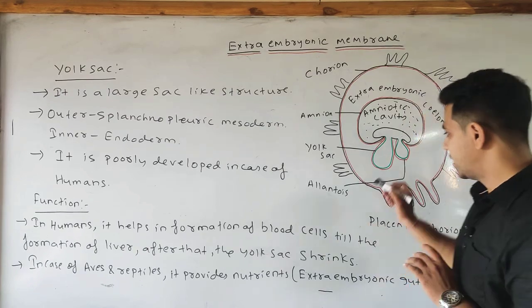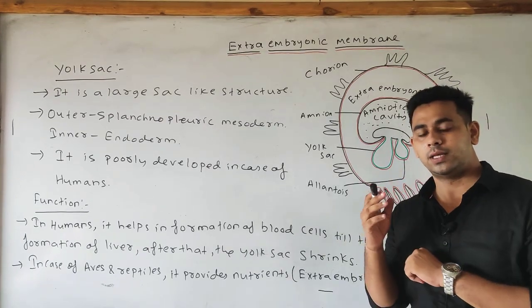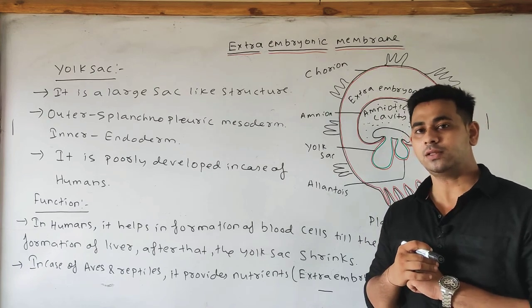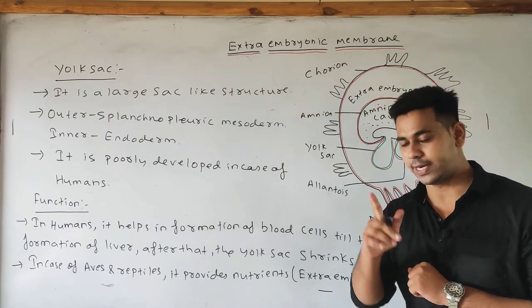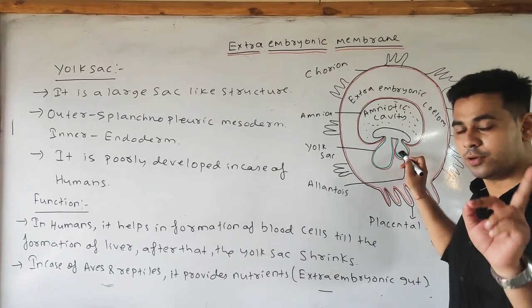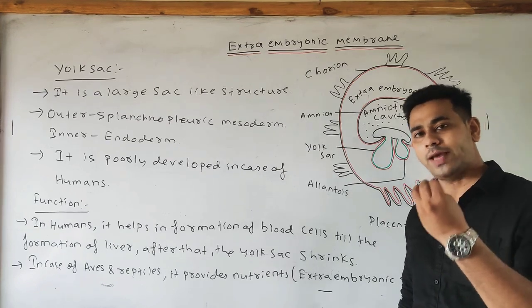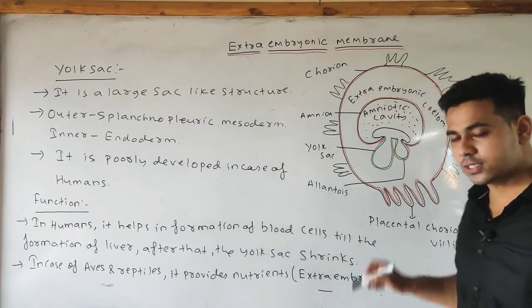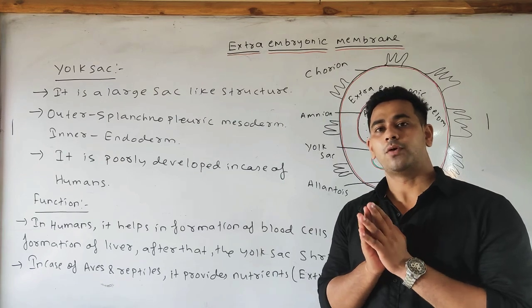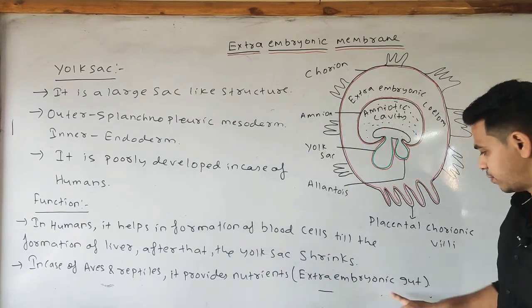Allantois plays a major role in the process of excretion, that is why it is called the extra embryonic kidney. But the yolk sac plays the major role in providing nutrients or food. That is why it is also called the extra embryonic gut.